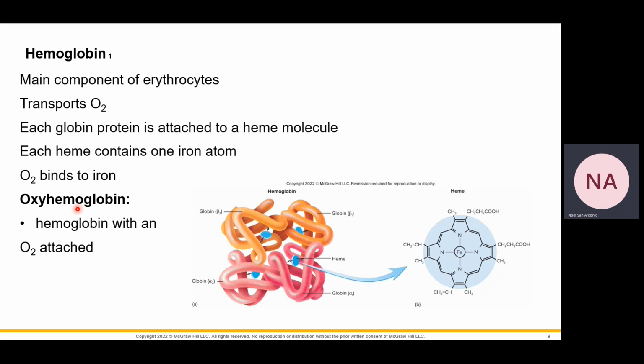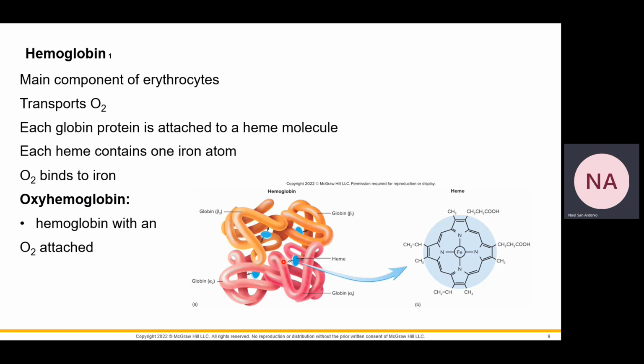And up to 4 molecules of oxygen can bind to hemoglobin because, as you can see, it has 4 heme components. Each hemoglobin molecule has 4 heme components. So up to 4 oxygen can bind to it.